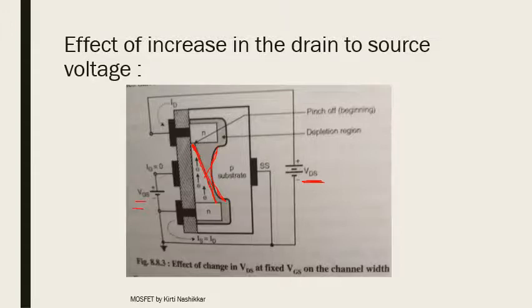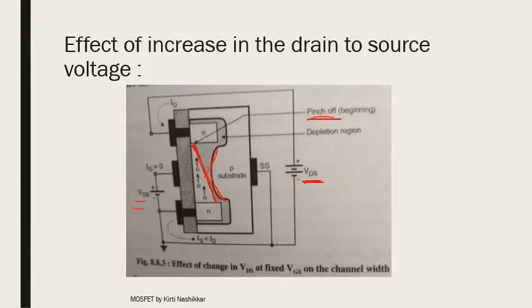So when your channel goes to saturation level, the voltage corresponding to the VDS, which is responsible for that saturation of your channel, that voltage is called the pinch off voltage. Okay, it is denoted by V pinch.